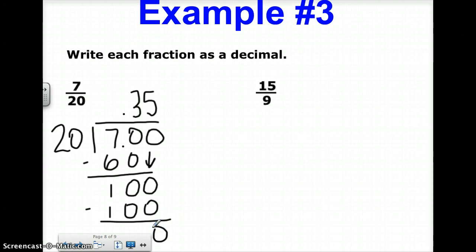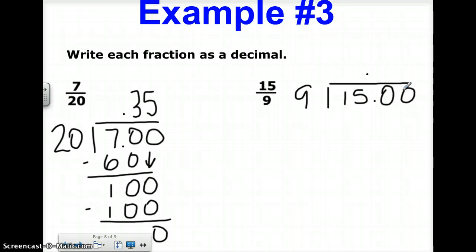Now let's try the same thing with 15/9. Numerator inside the box, denominator outside the box. Let's go ahead and add a decimal point and a few zeros just to be safe. Can 9 go into 1? No. Can 9 go into 15?